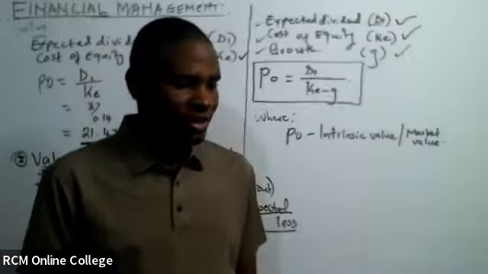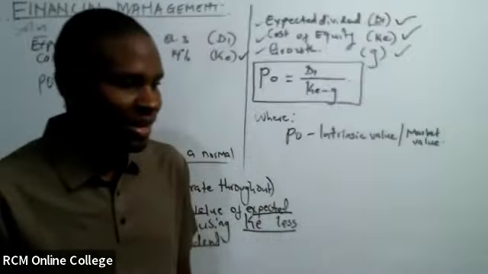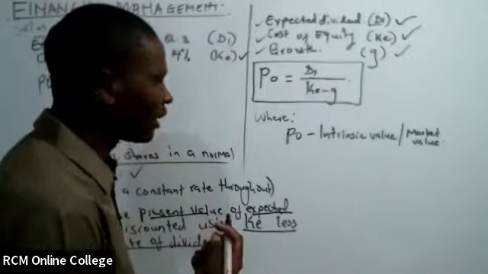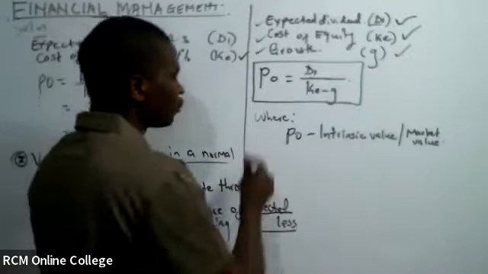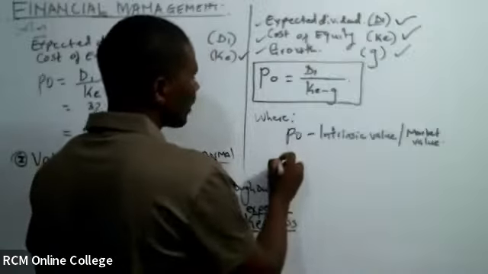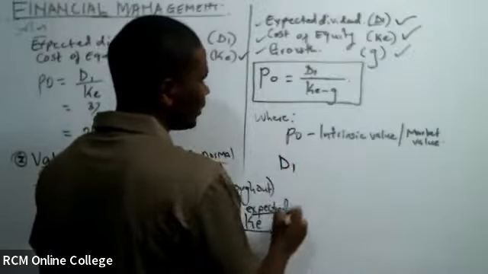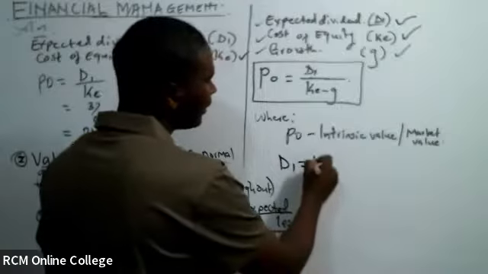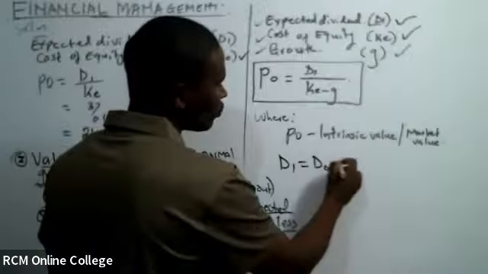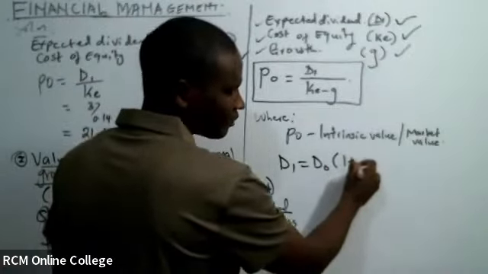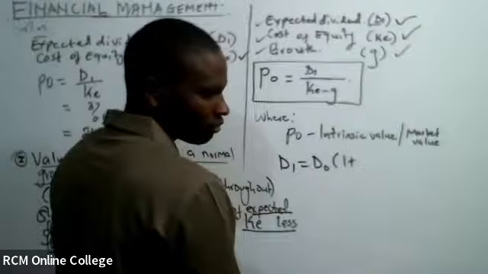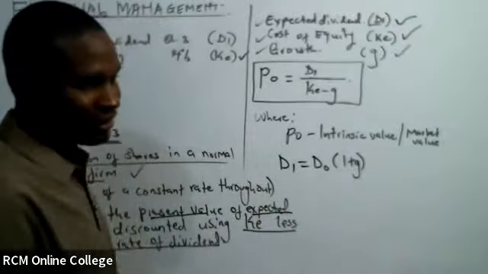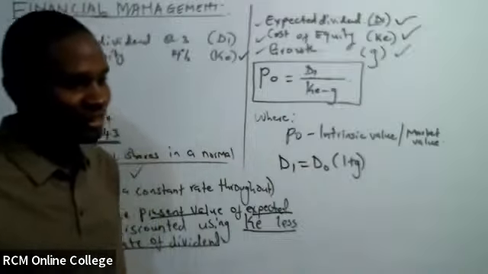Now, I want to give you another secret of how the examiner may trick you on this. Sometimes the examiner, either in the previous or in this case, may come with something like this: D1 will be given by D0 times (1 plus G).